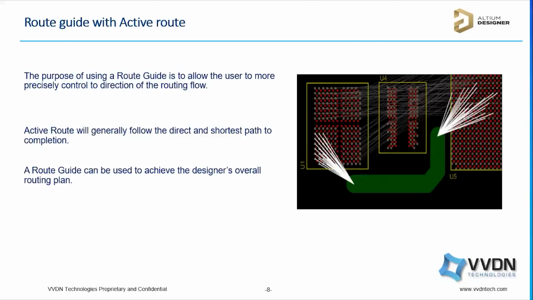However, there may be situations in which the designer would prefer the route to flow in a very specific direction. As shown in the image, the green colored path is designed by the designer, which is nothing but the route guide. A route guide can be used to achieve the designer's overall routing plan.